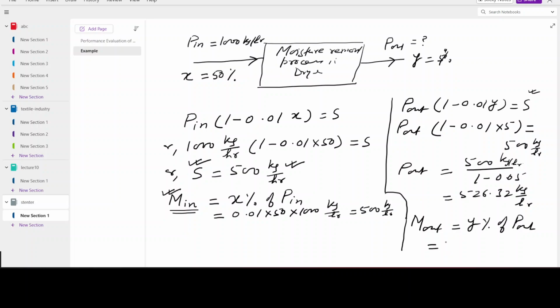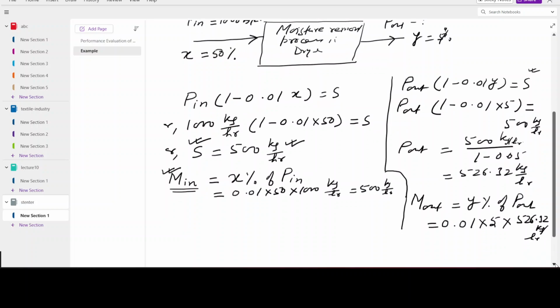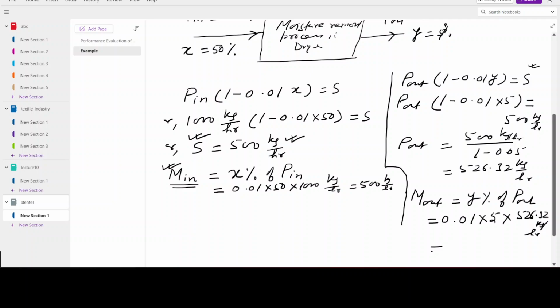This will be equal to 0.01 into Y into P out, 526.32 kg per hour, and after multiplication we will get the value 26.32 kg per hour.